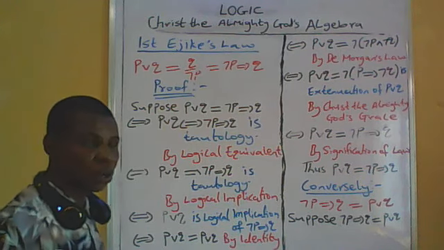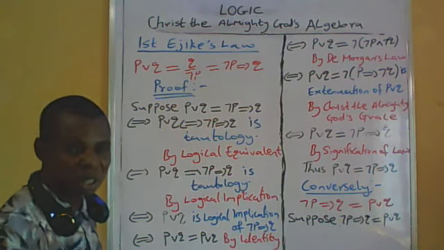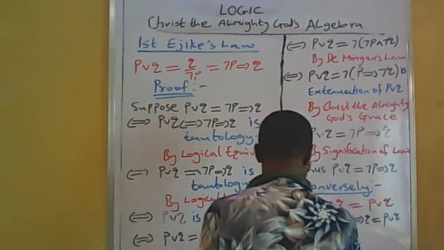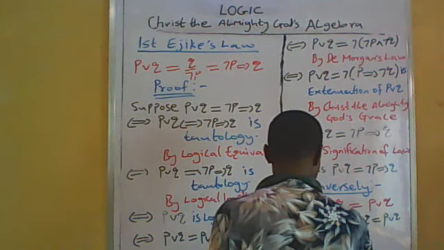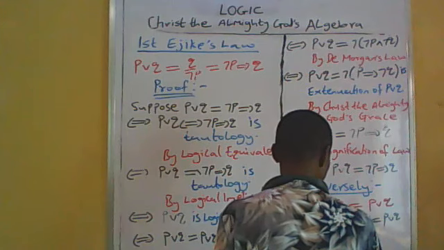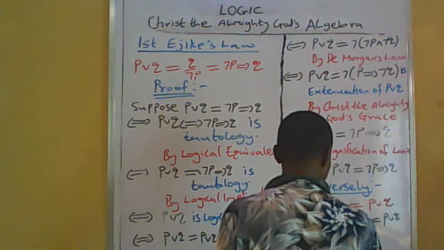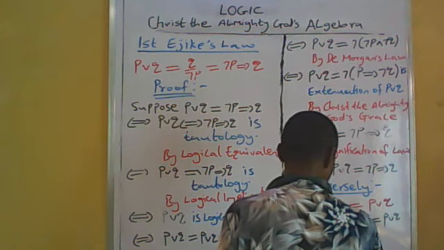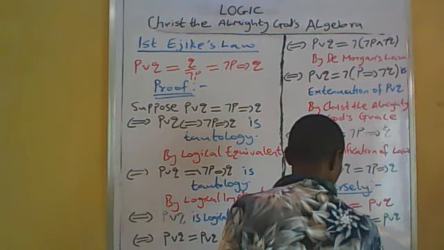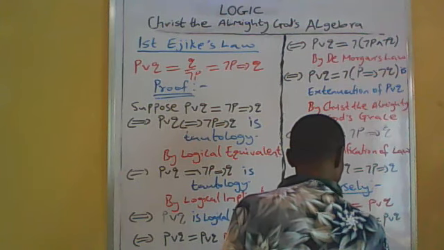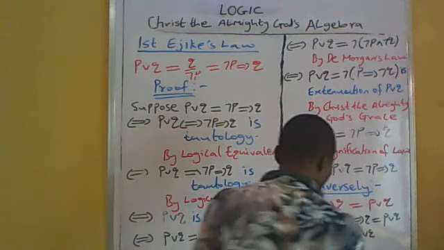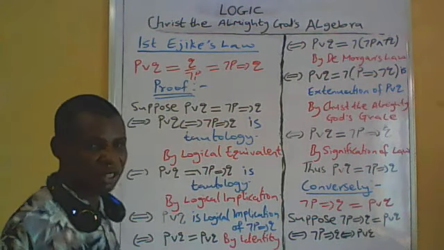Since it is logically equivalent, we are going to transform it to a biconditional statement: not P implies Q if and only if P or Q. You have now transformed it to a biconditional statement.